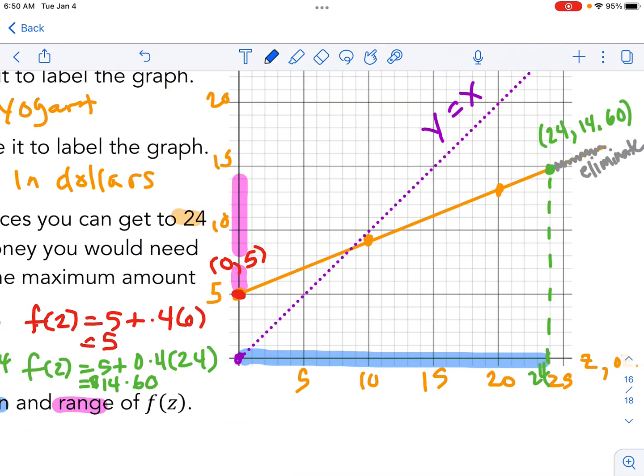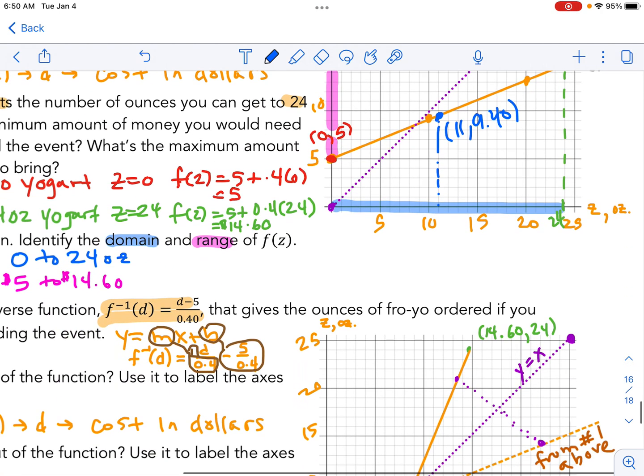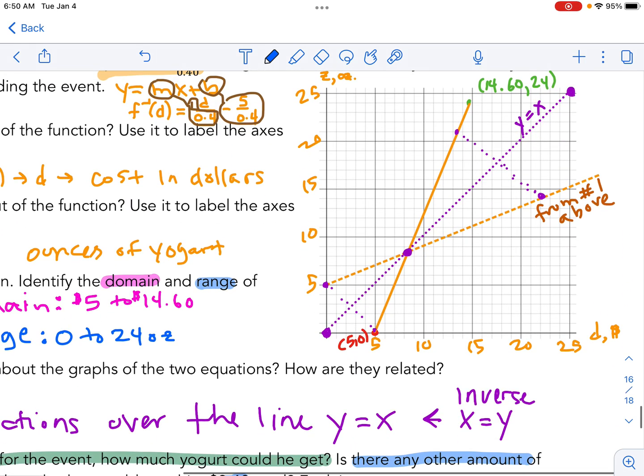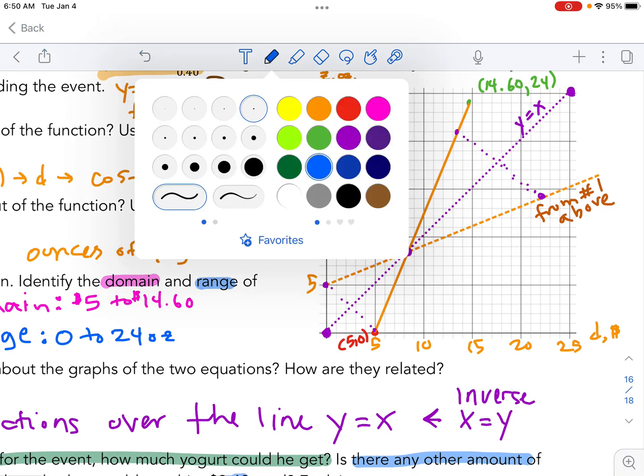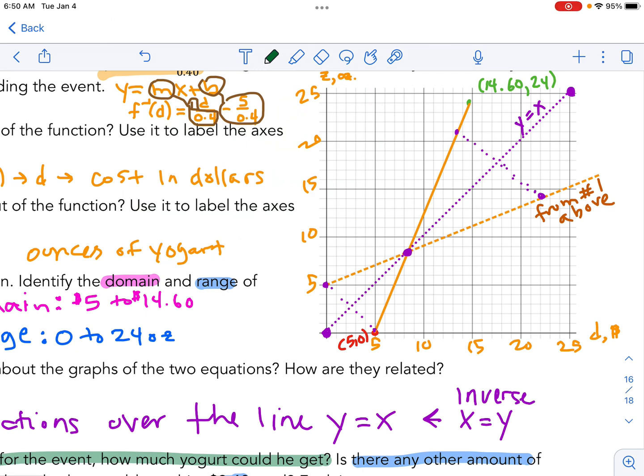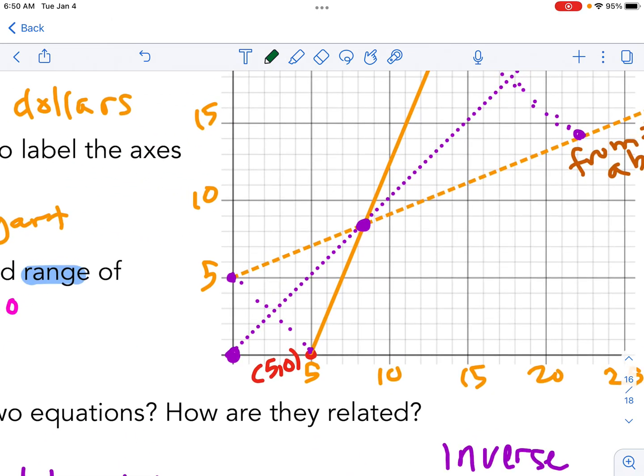Used blue. So 11 ounces of yogurt comes up to $9.40. And then down here, $9.40, that was the dark green. $9.40 would get us 11 ounces of yogurt.